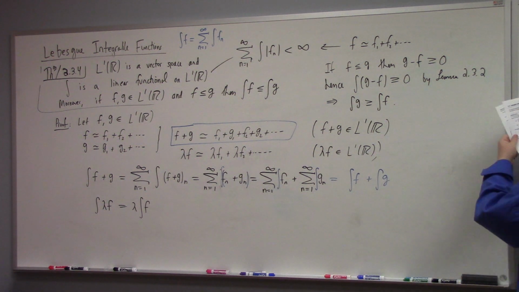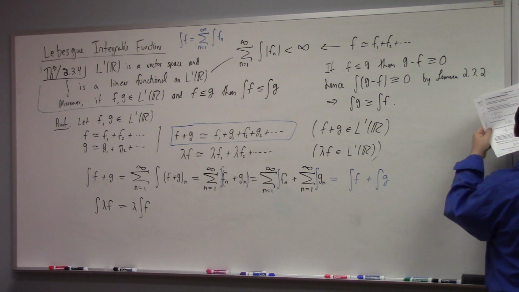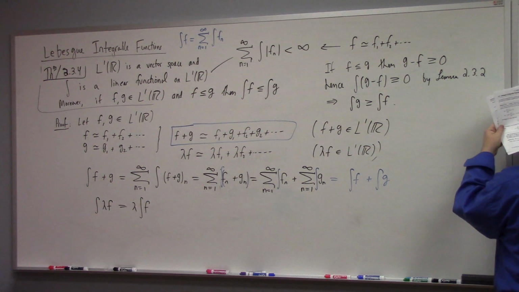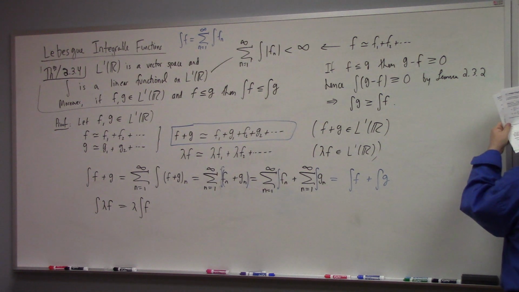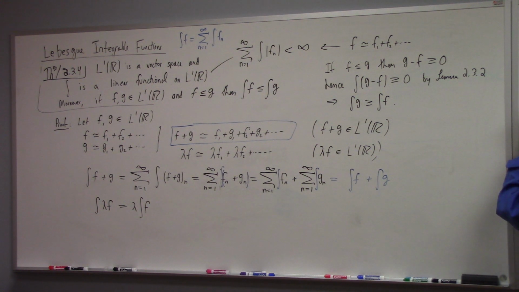So A was that the sum n equals 1 to infinity of the integral of the absolute value of fn was less than infinity.